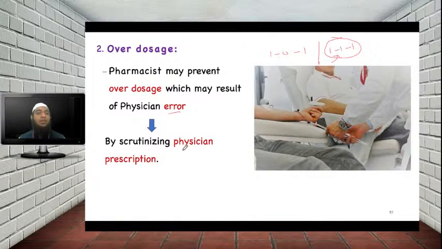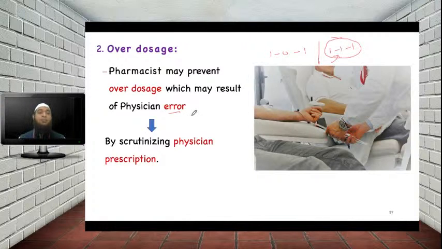You can check that the proper dosage of the medicine is given to the patient. If you recognize any such error in the prescription, it can be brought to the notice of the physician and the prescription can be corrected. This is how you can avoid the adverse drug reaction related to overdoses which may be caused by physician error.